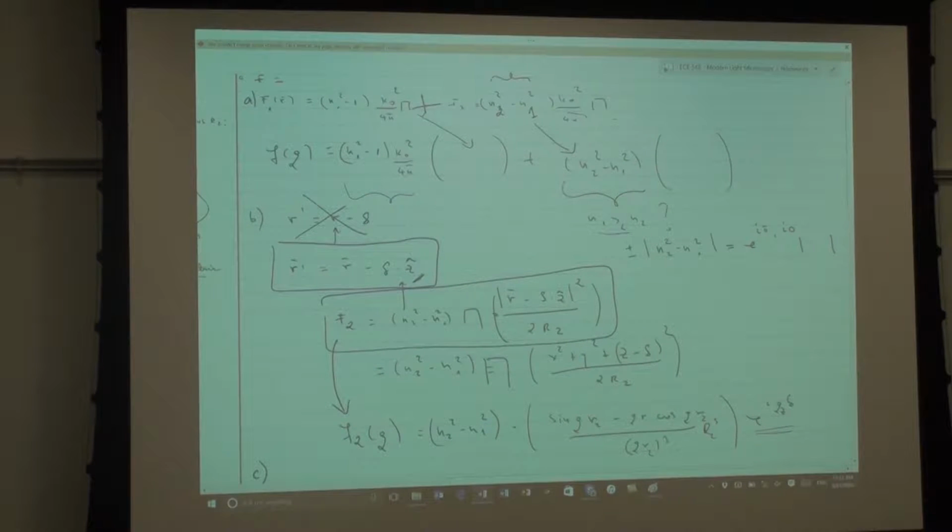Meaning, if I switch from N2 bigger than N1 to the other one, I basically get the phase shift of pi between the two terms. So essentially, the scattered field is really an interference between the contribution of one sphere and the contribution of the other sphere. And if I change the sign between their refractive indices, I interfere these two, but now with the pi phase shift between them, which is kind of interesting.